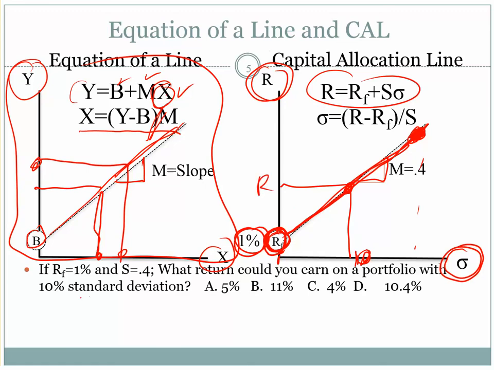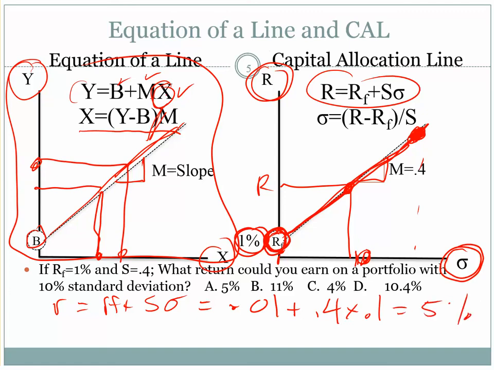So in this example, the return on my portfolio is going to be the risk-free rate plus the Sharpe ratio times the standard deviation of the portfolio. In this example, it's 1% plus 0.4 times 10% standard deviation. That says that I can get a 5% return if I want a 10% standard deviation by investing in treasuries and this portfolio with a 0.4 Sharpe ratio.